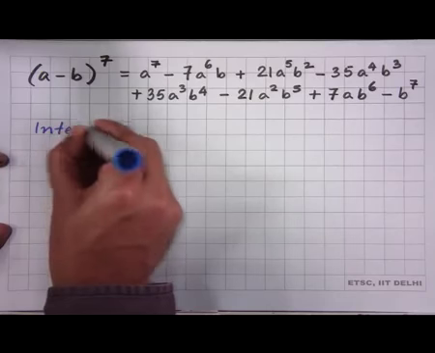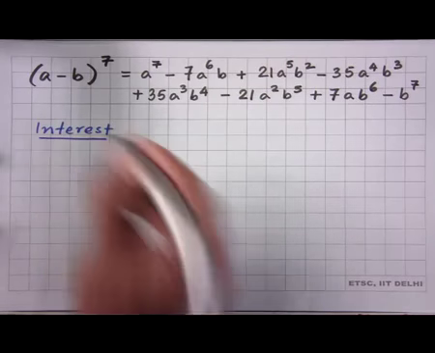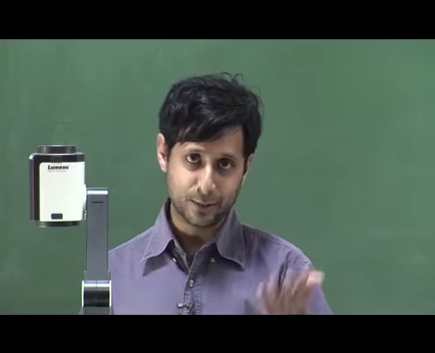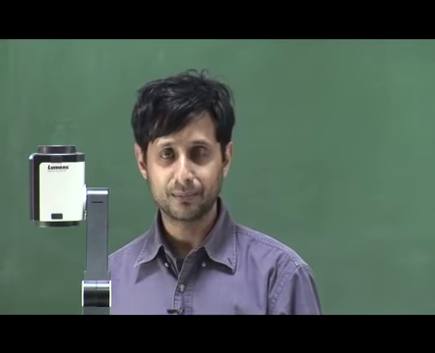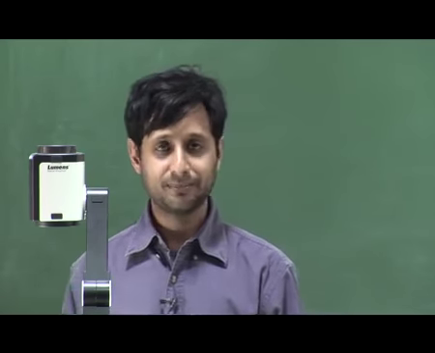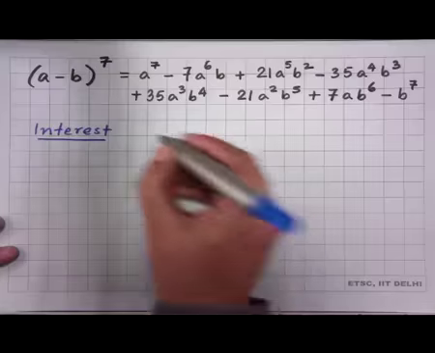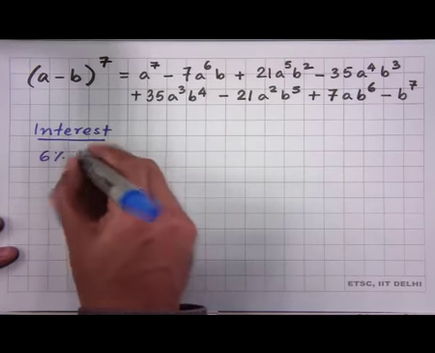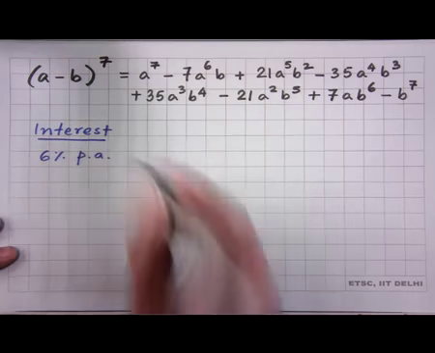So, let us do an interest problem. This is an extension to arithmetic. Let us look at this application. I am picking this interest as an application. So, you keep money in the bank, 1000 rupees, 6% interest per annum.